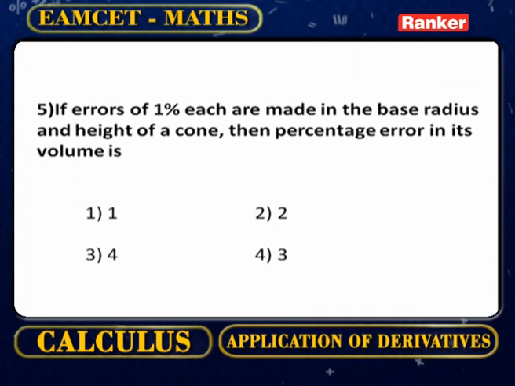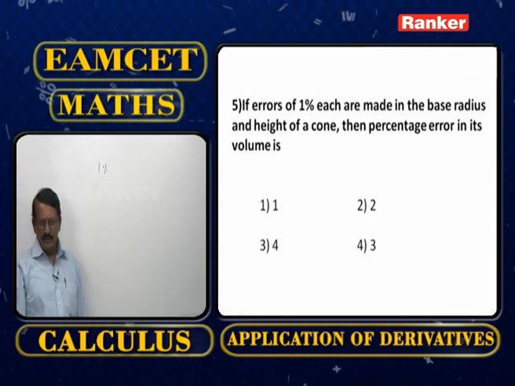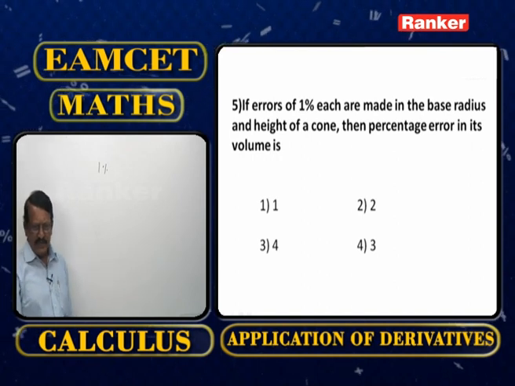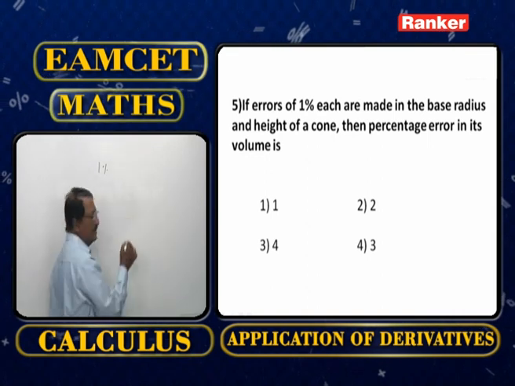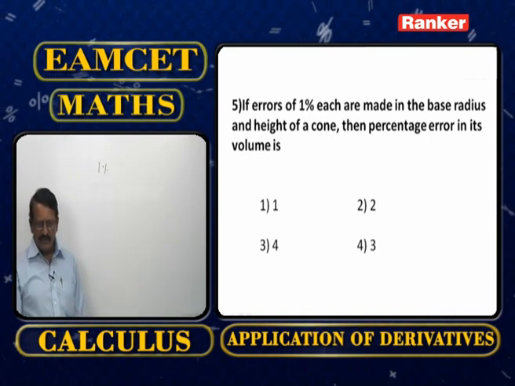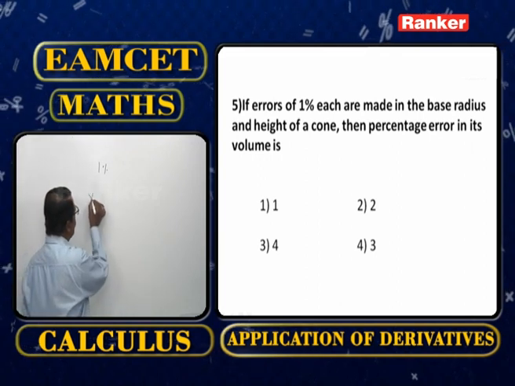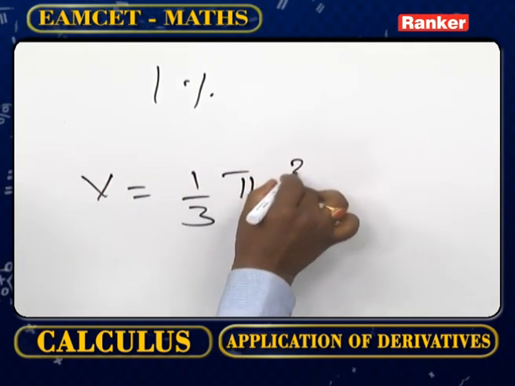If an error of 1% is made in the base radius and height of a cone, then find the percentage error in its volume. Now volume of the cone equals 1/3 pi r square h.